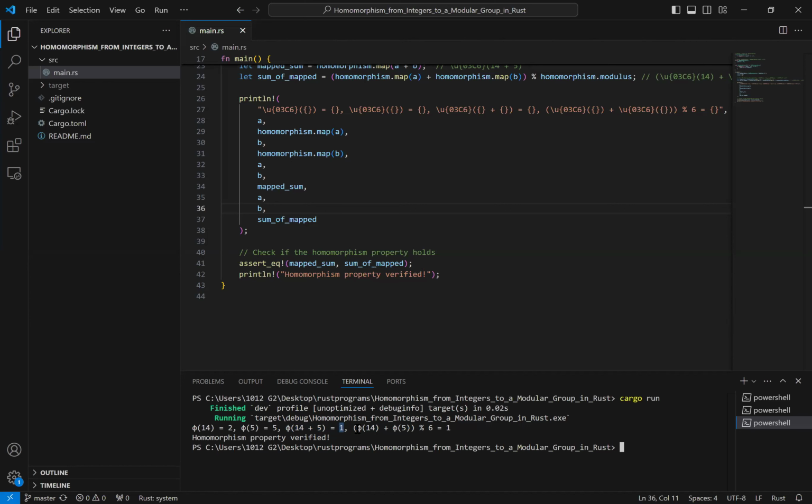Then phi of 14, it has done it and found it to be 2. Then phi of 5 has been done and the result was 5. Now the sum of the two is 7. That's mod 6, the remainder is again 1. So that is how it does.